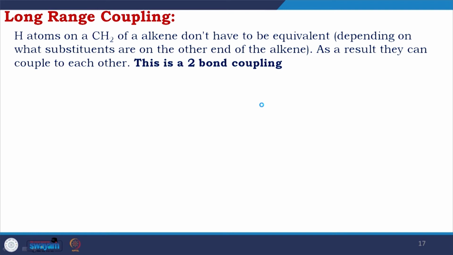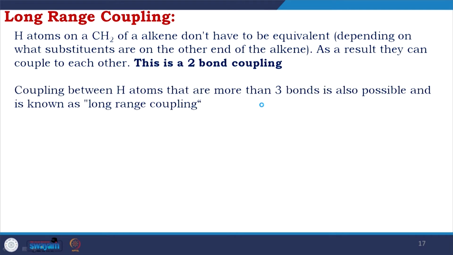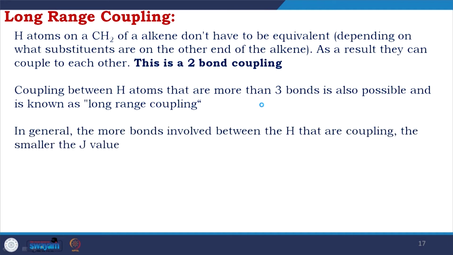This gives rise to the concept of long range coupling. Hydrogen atoms on a CH2 of an alkene do not have to be equivalent, depending on what substituents are on the other end of the alkene. As a result, they can couple to each other. This is a 2 bond coupling. Coupling between hydrogen atoms that are more than 3 bonds apart is also possible, and that is called long range coupling.